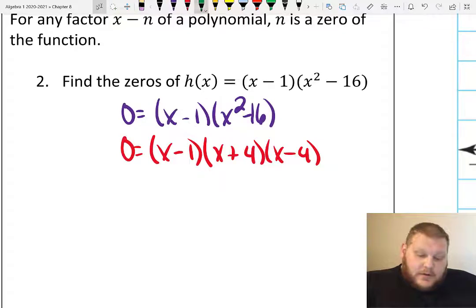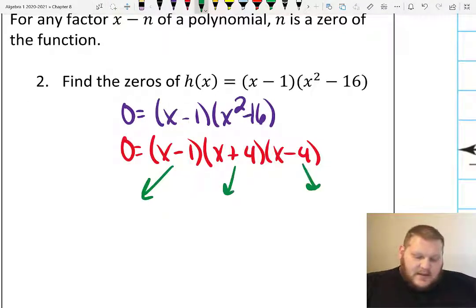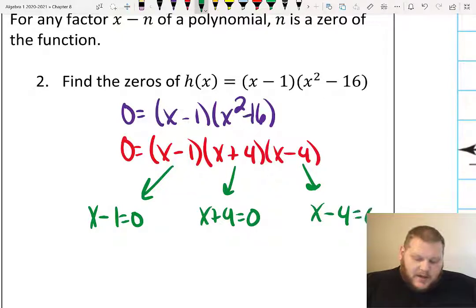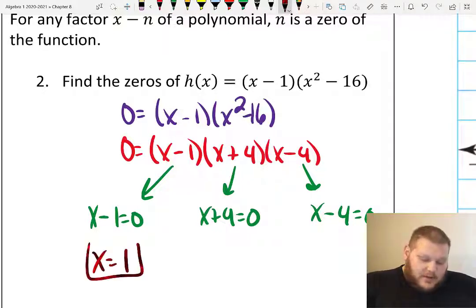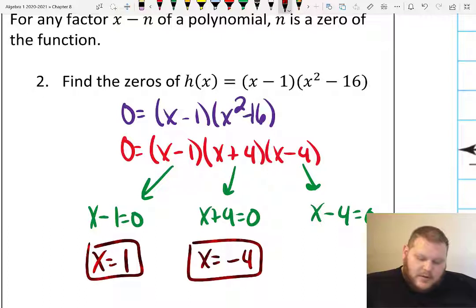Now that it's factored completely, I can just set each of my parentheses equal to 0 to get my zeros. So x minus 1 equals 0, x plus 4 equals 0, x minus 4 equals 0. So we get pretty quickly that my x-intercepts, or my zeros, are positive 1, negative 4, and then positive 4.